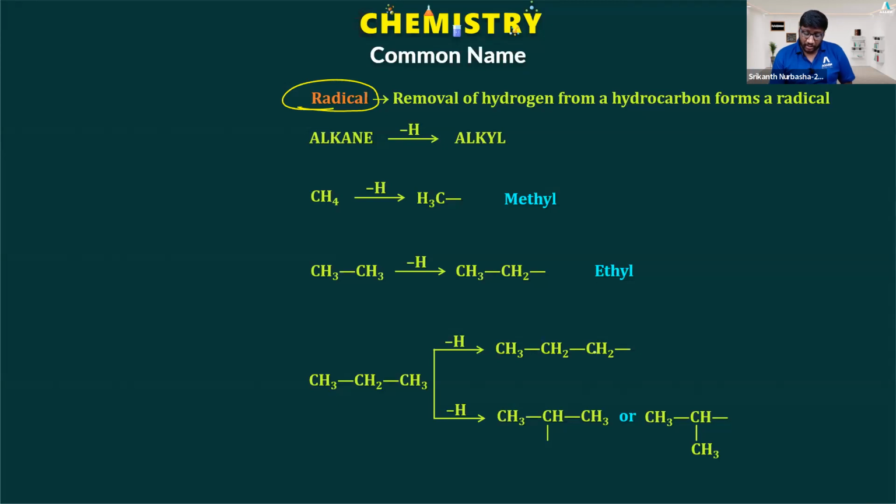If you remove hydrogen from the middle carbon, generating the CH3CHCH3 group, it is said to be isopropyl. So these are different kinds of radicals.